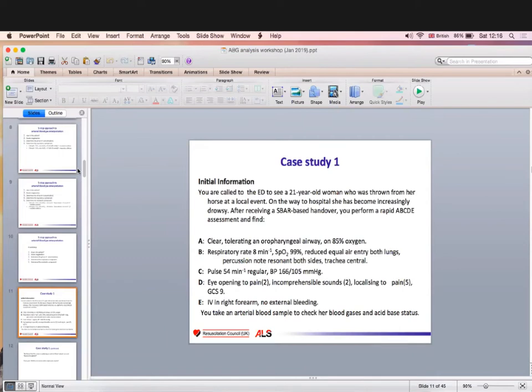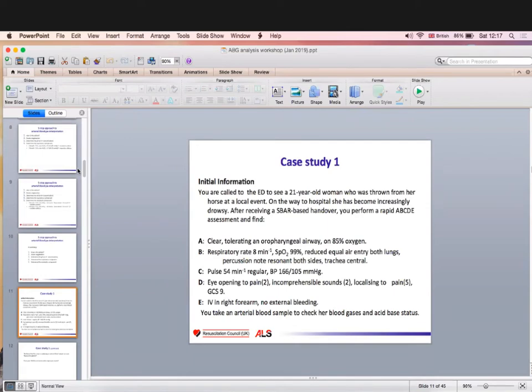After receiving an SBAR handover, you perform a rapid ABCDE assessment and find. SBAR is situation, background, assessment, and recommendation, which is a convenient way to do a handover. Situation is this is about a lady who was thrown from the horse.